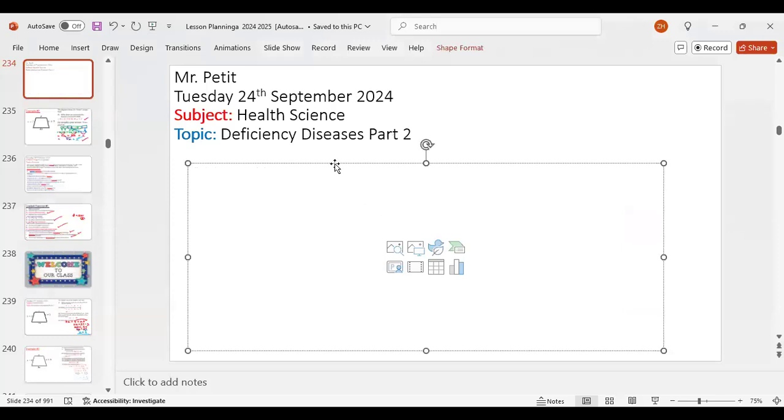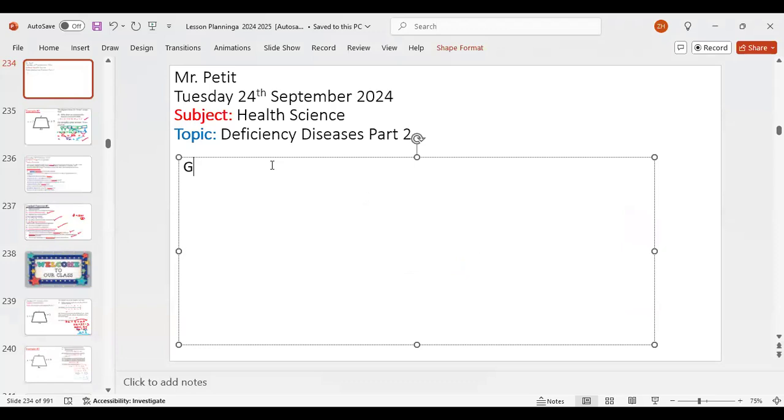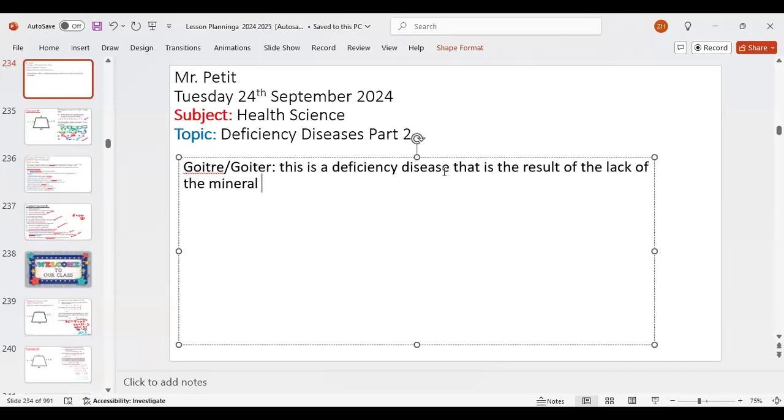So goiter is a deficiency disease that is the result of the lack of the mineral iodine.